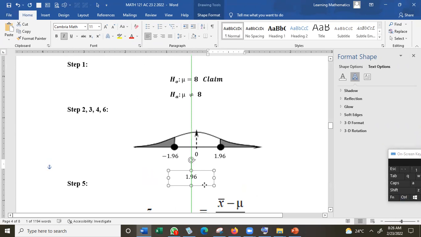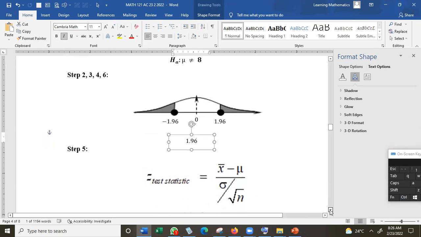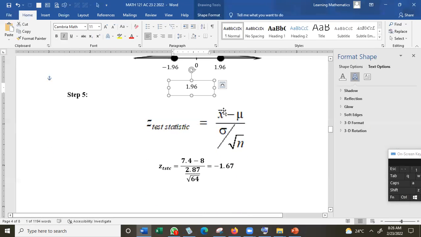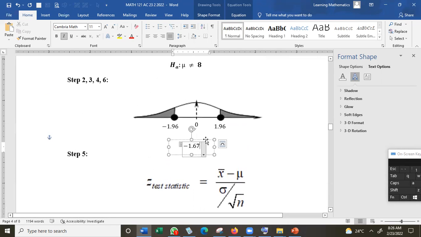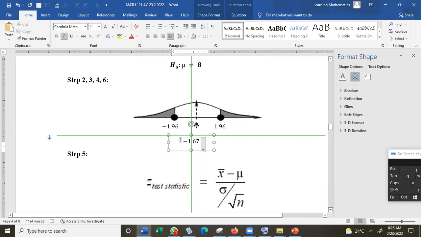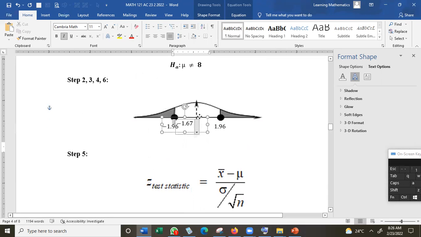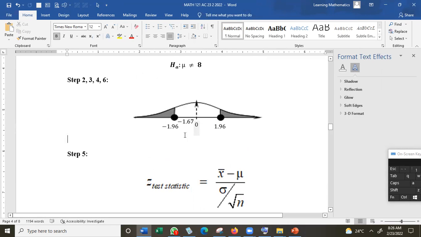The critical values are negative 1.96 and 1.96, and the test statistic now is negative 1.67. So negative 1.67 comes right here.